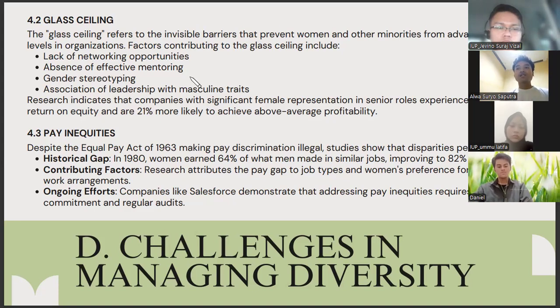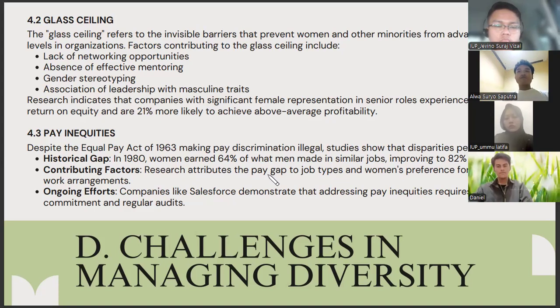Addressing the glass ceiling is essential not just for fairness, but also for business success. Research indicates that companies with significant female representation in senior roles experience a 19% higher return on equity and are 21% more likely to achieve above-average profitability.